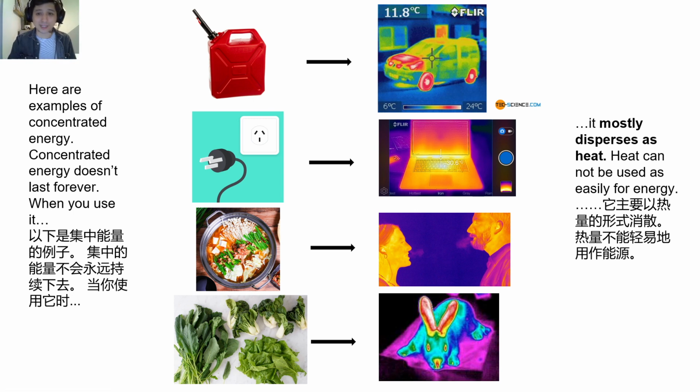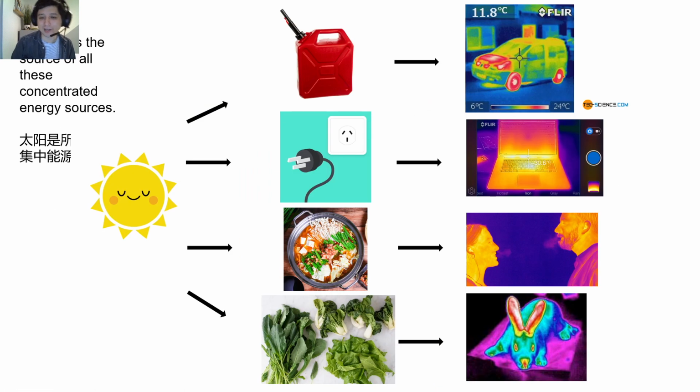So this is what you need to understand for this course. This topic is very important because it is important for understanding food chains. This rabbit eats these plants and gets energy from the plants. Where do the plants get their energy from? They get it from the sun.